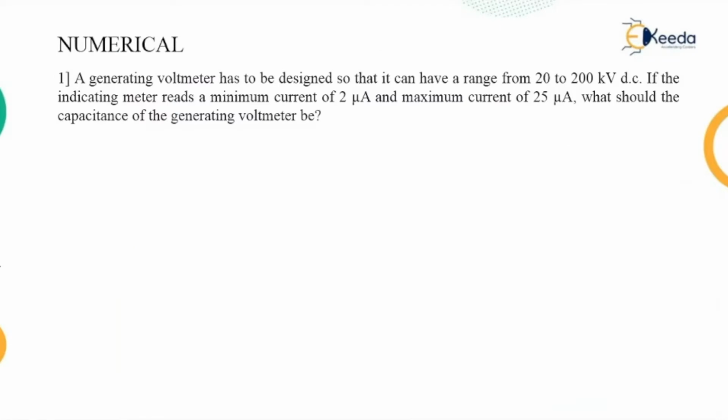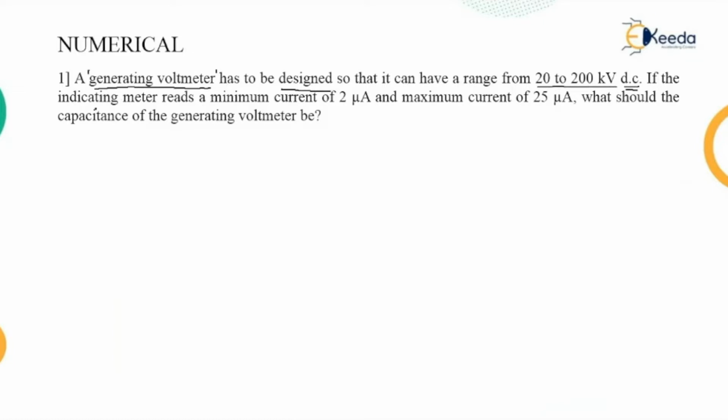With the first numerical, the numerical goes like this: a generating voltmeter has to be designed so that it can have a range from 20 to 200 kilovolt DC.